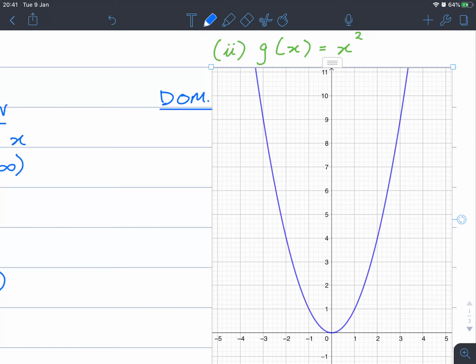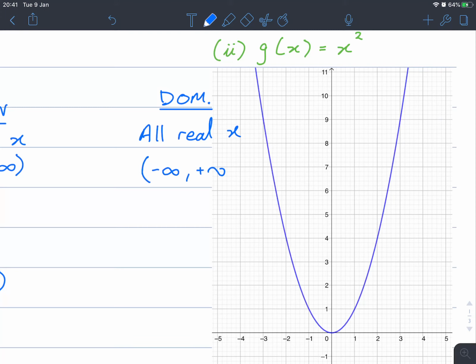If I pick 25 all the way up over there somewhere, that's also allowed. So realistically, there's nothing restricting me in my domain. When there's no restrictions, our domain will be all real x. And in bracket notation, negative infinity to positive infinity.